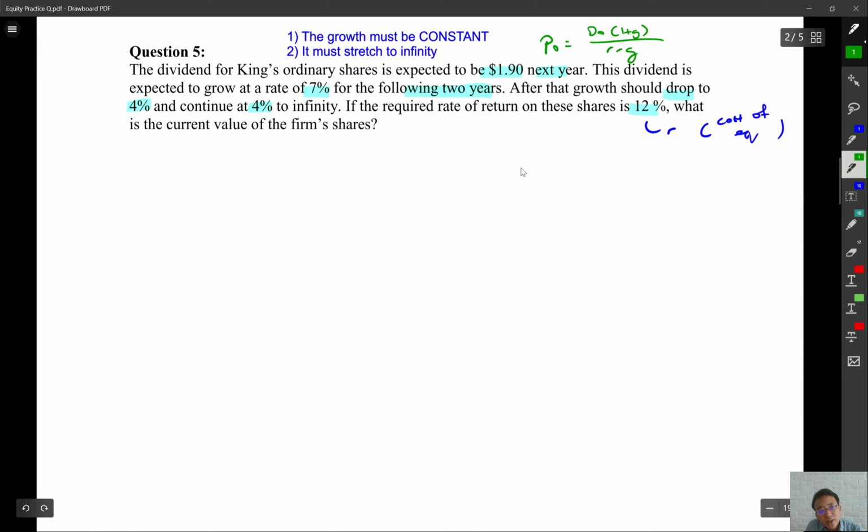To activate this formula, there are two conditions that need to be met. One, growth must be constant. Two, it must stretch to infinity. And that only happens here.